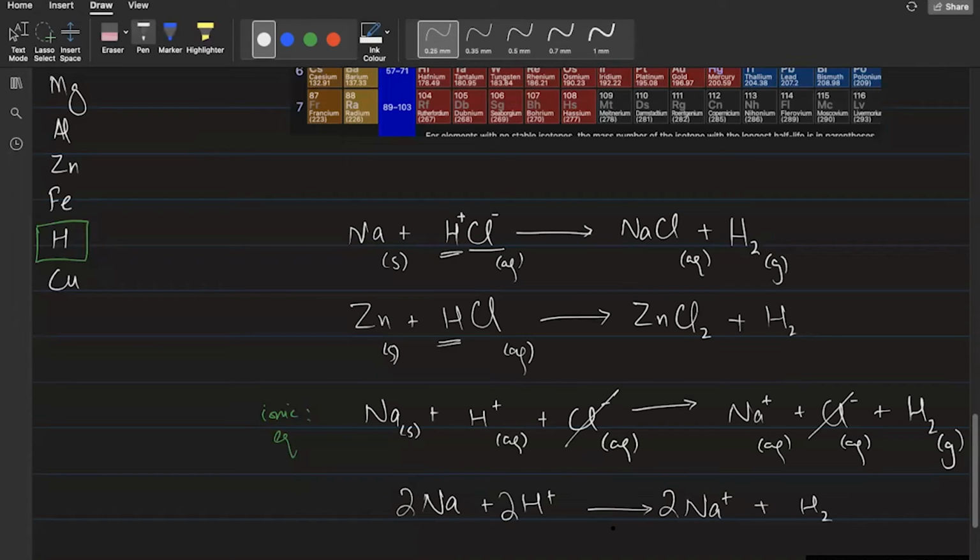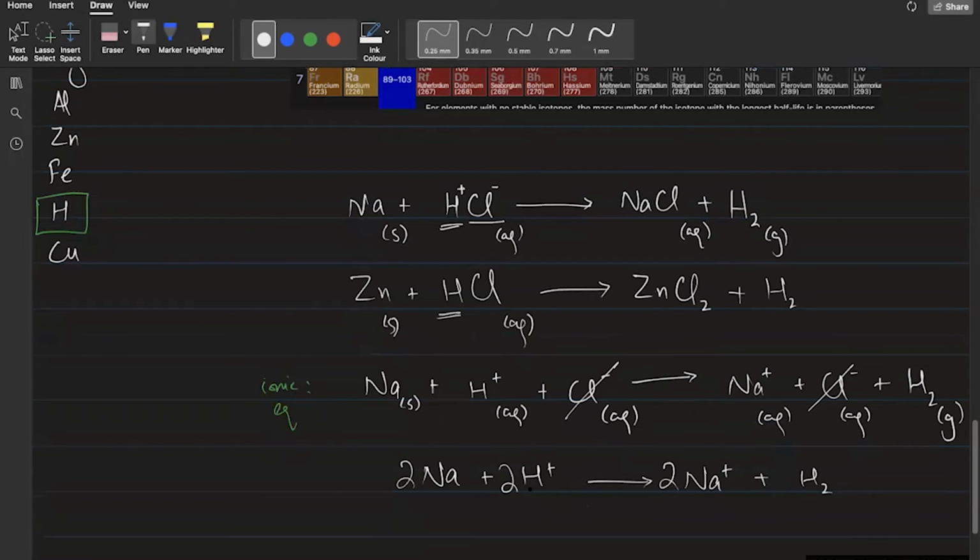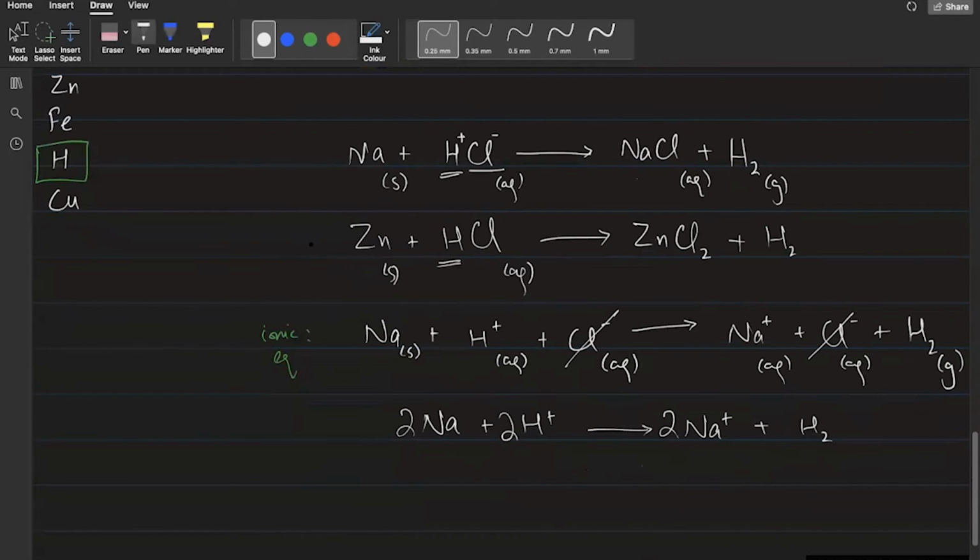So taking that idea, go on and make the ionic equation for the second equation here, this one. Go on. The first thing you have to know is that only aqueous things are going to be ionized. That's a hint that you have. So zinc over here is not aqueous. We'll write it just like that, Zn. No charges, nothing, because it's solid.